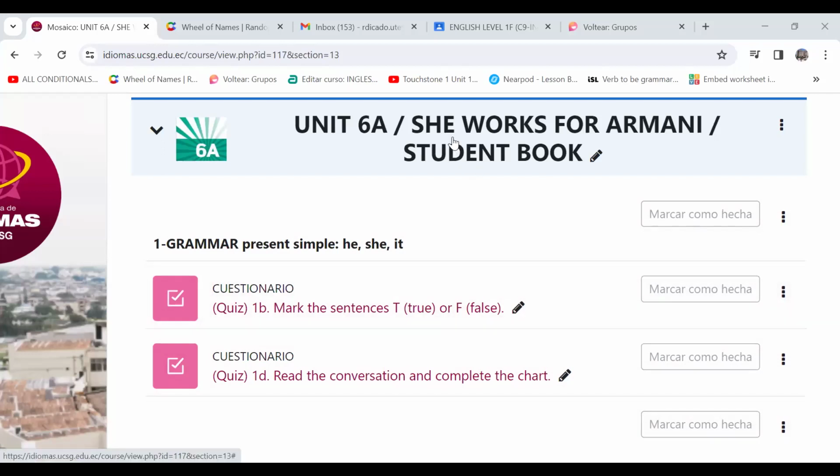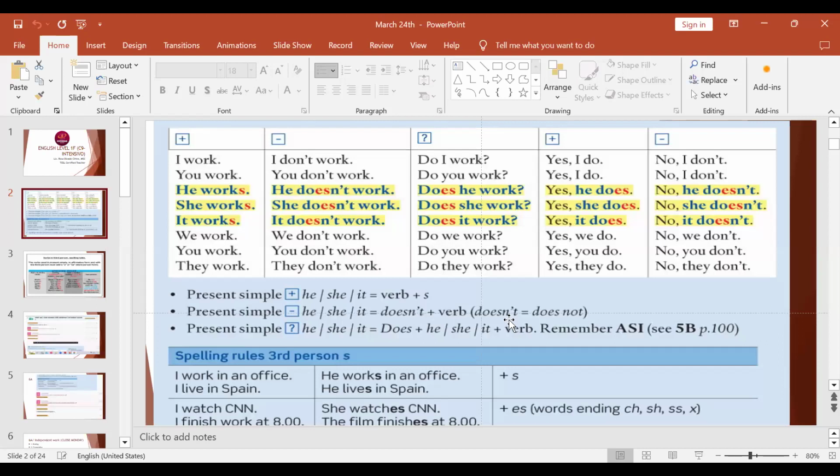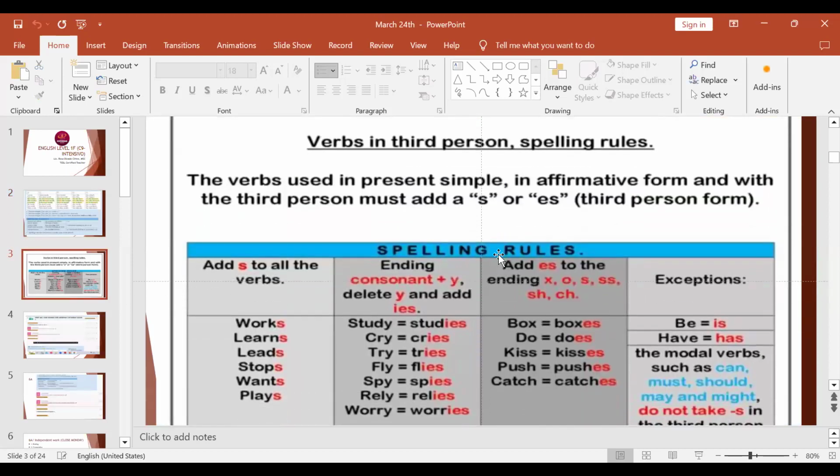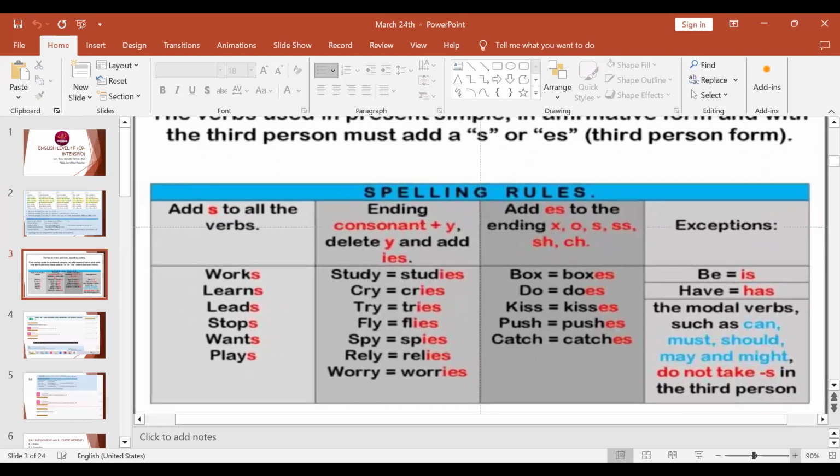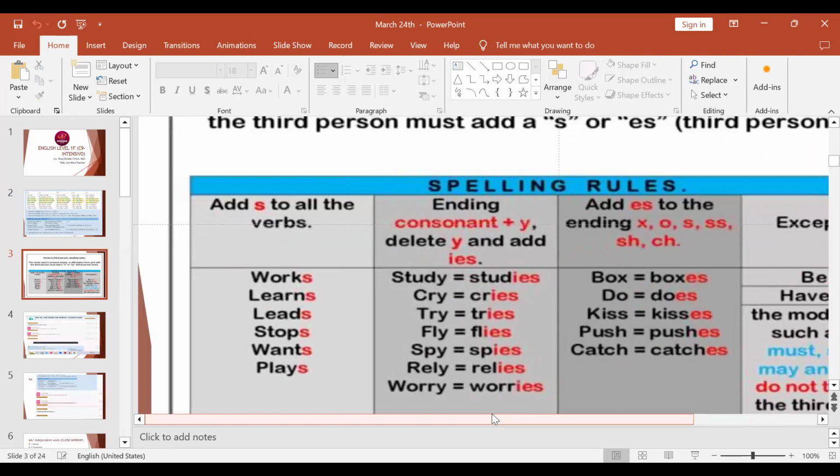I also shared in your WhatsApp group a list of the rules. I'm going to refresh that. Let me see. Yes. Okay, so we have to focus on these spelling rules. What happened with these verbs?